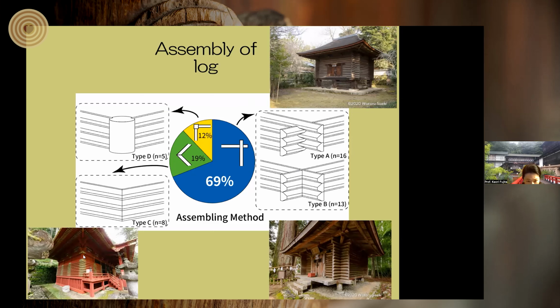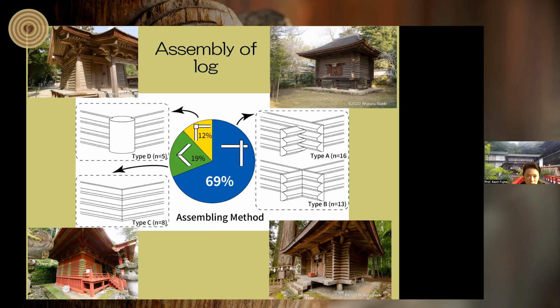Some have the corners cut, so we cannot see the joint protruding outside. This accounts for about 20%. And 12% have columns outside, and the logs are inserted into the column. This is evidently a post and beam frame structure with these horizontal looking log walls.